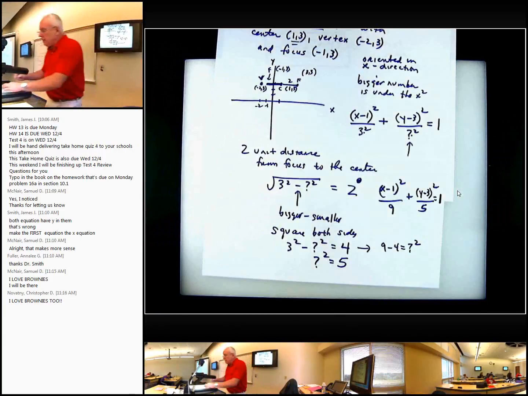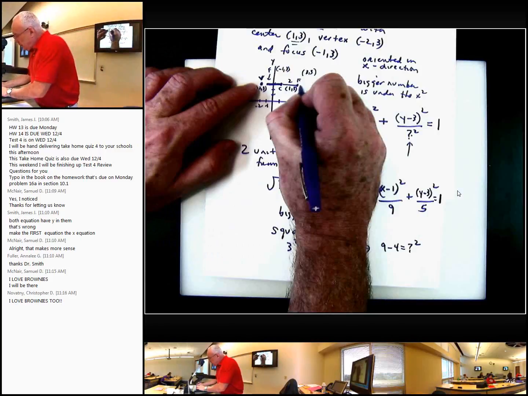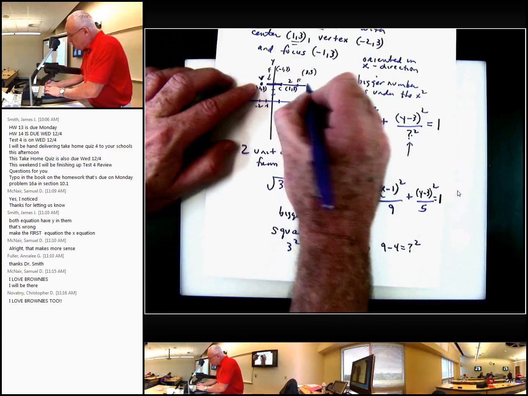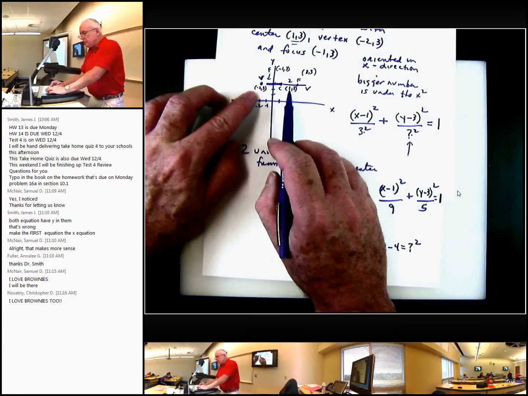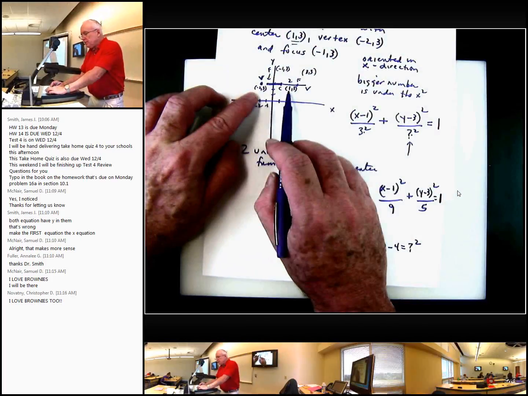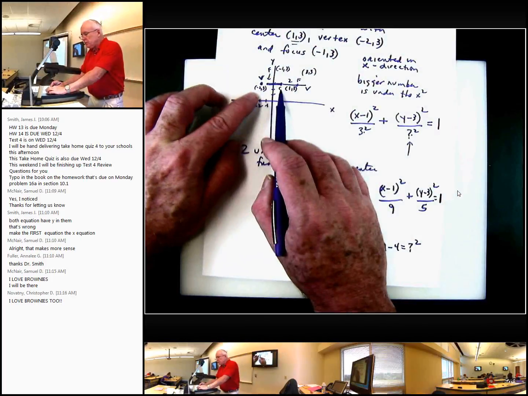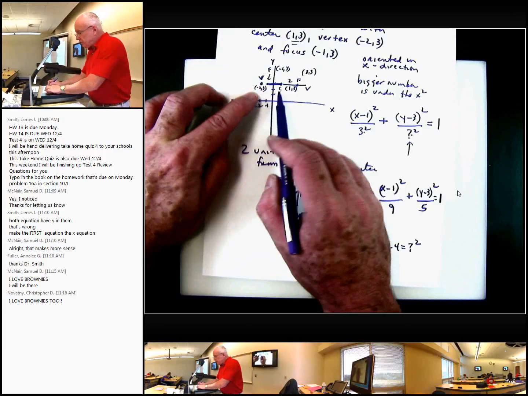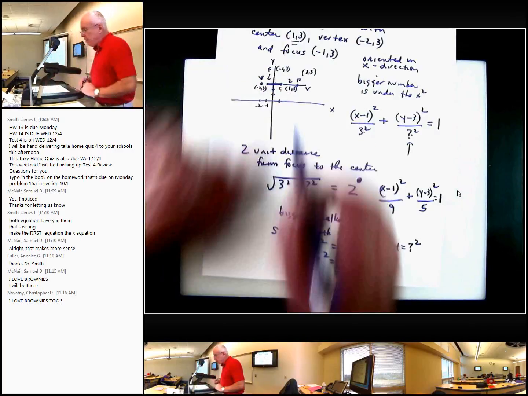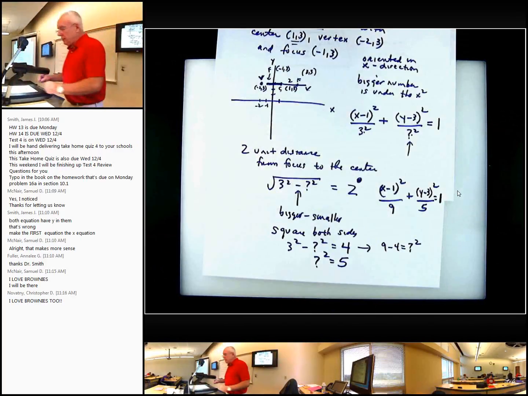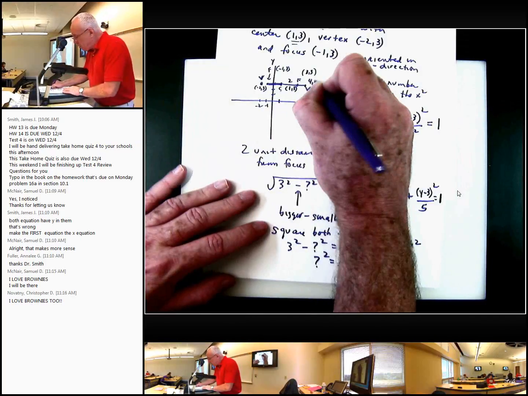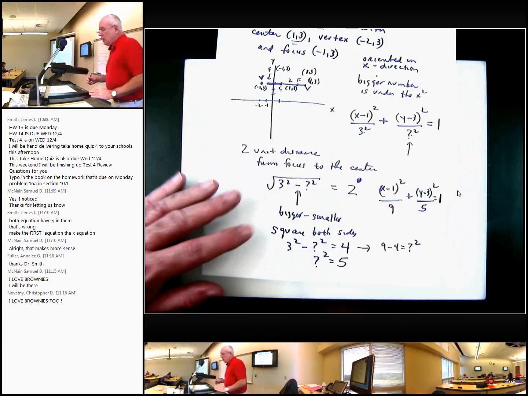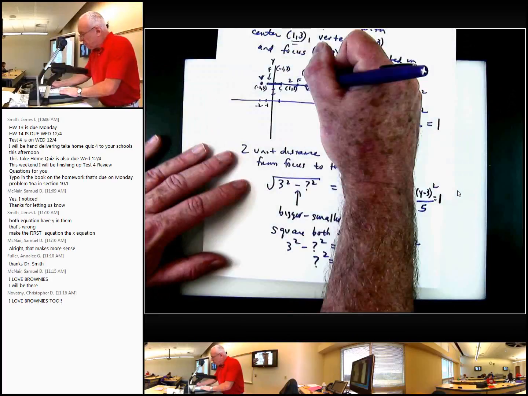And then we go a little bit further, we have another vertex. Again, the vertex is going to be symmetric. The distance from the vertex to the center was 3 units. So this is going to be 3 units from the center on the other side. So this is going to be 3 plus 1. It's going to be 4, 3. So this is our one vertex.